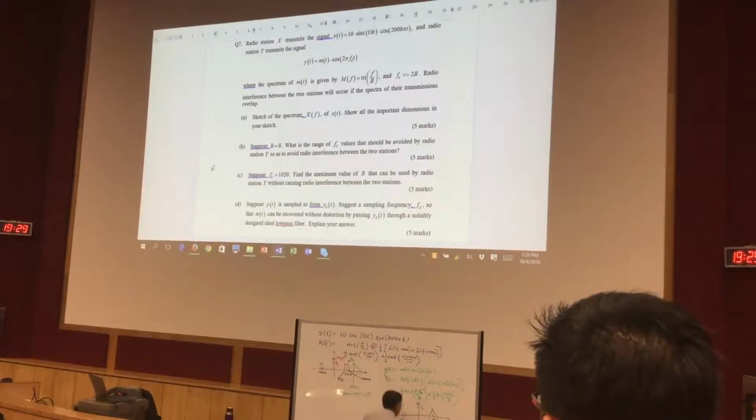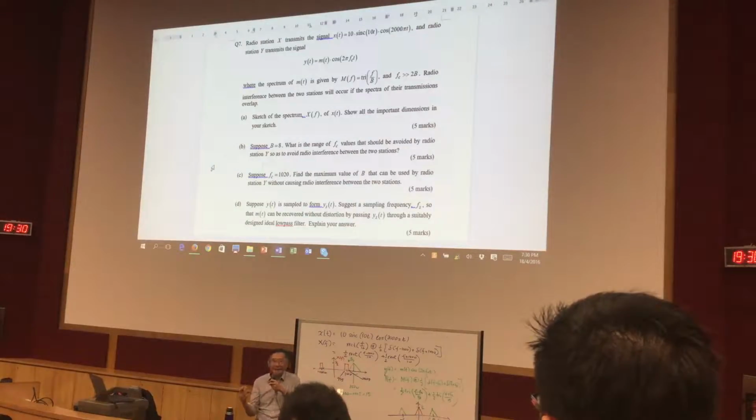I must find a way such that I put something here, otherwise I cannot recover with a low pass filter. So how can I put something there? Well, you can do it if your Fs is the same as Fc.